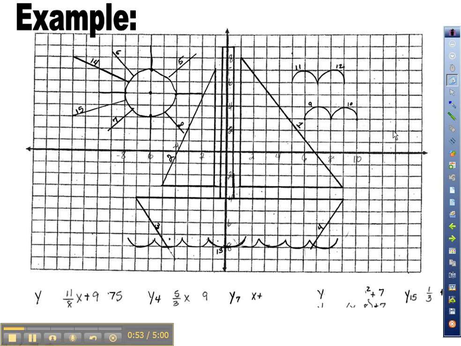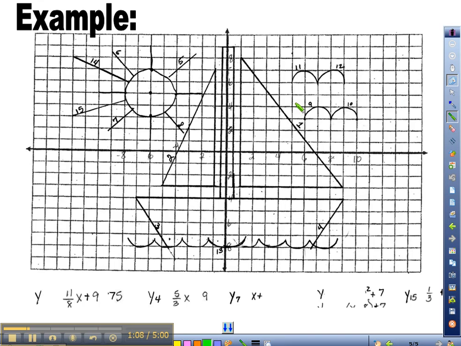All right. First year that I did this project, I wanted to do my own because you can't teach it unless you've done it yourself. So this was my hand-drawn picture. I tried to keep it real simple and get all of the requirements in here. So as far as linear functions go, I've got 1, 2, 3, 4, 5, 6, 7, 8, 9, 10.